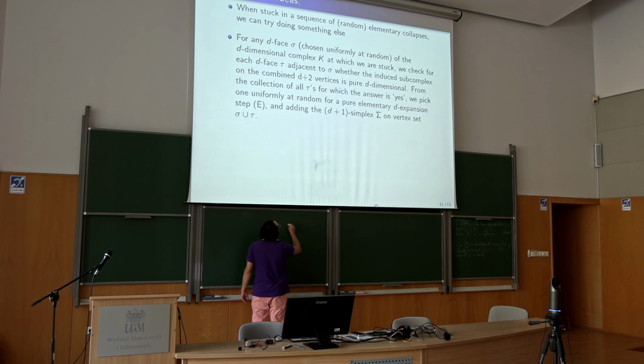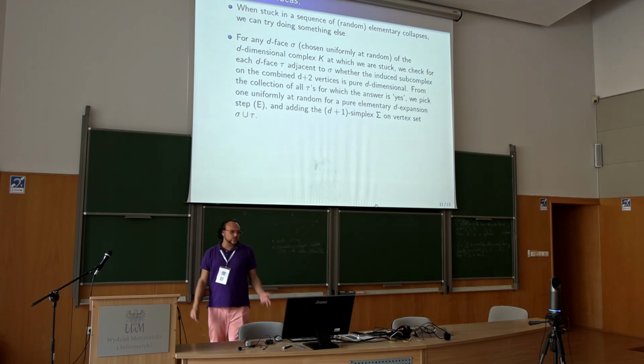Okay, so let's give names. So we add 1, 2, 3, 4, and then we do an elementary collapse. Delete 1, 2, 3, 4 with either 1, 2, 3 or 2, 3, 4.